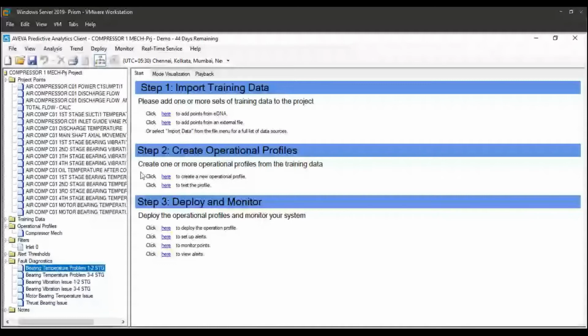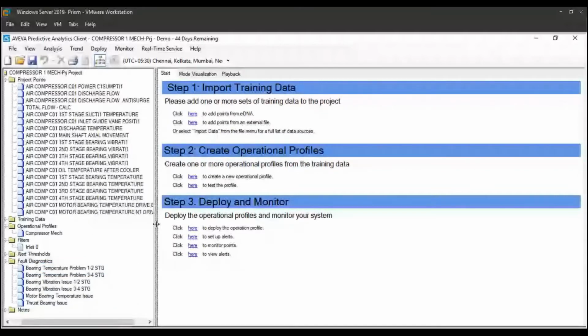As you can see right here on the left-hand side where my mouse cursor is, these represent the various project points or the various variables that I've included in my analysis. A summary of all of these points is that I have taken vibrations for all the bearings. I have taken temperature of those bearings. I have taken variables with respect to the lube oil supplied to the compressor.